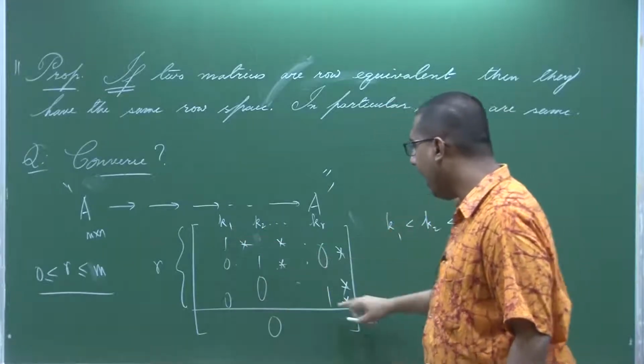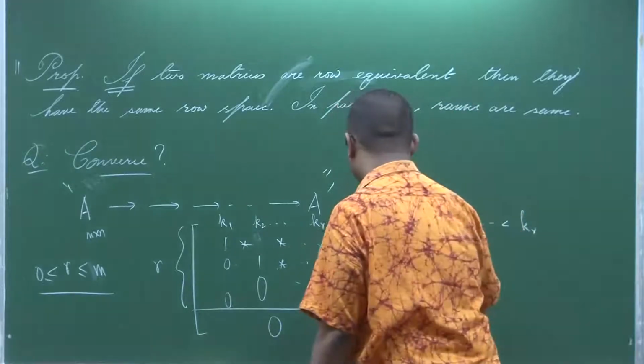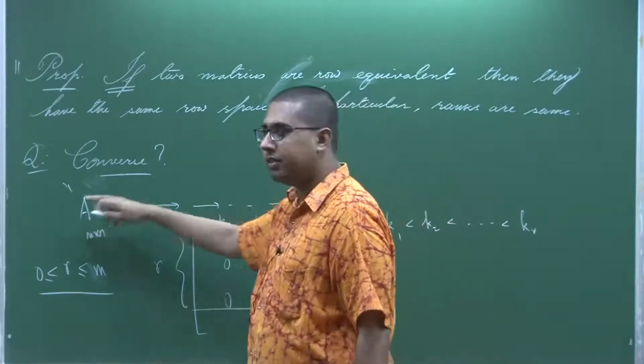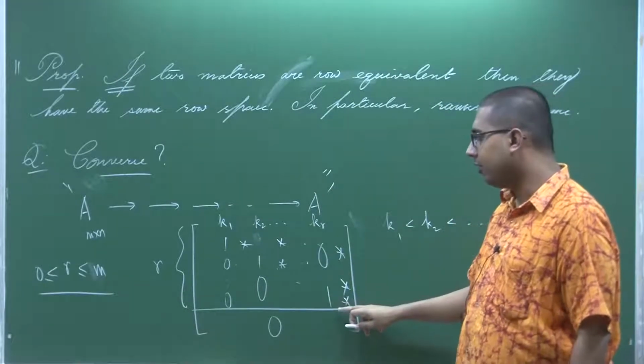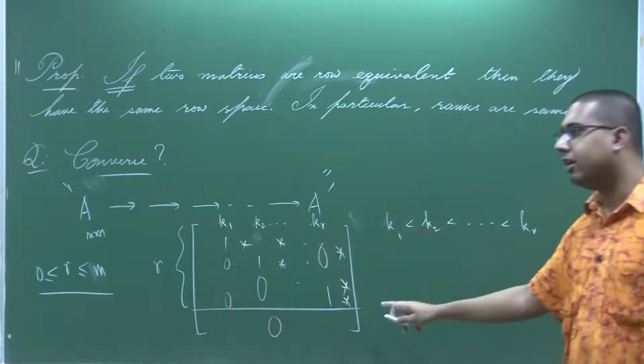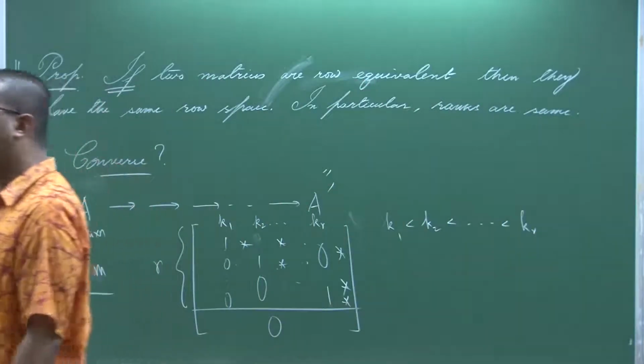One thing is very clear from the description: the row space of A, which is the same as the row space of A prime, has dimension less or equal to R, because it is generated by R vectors.